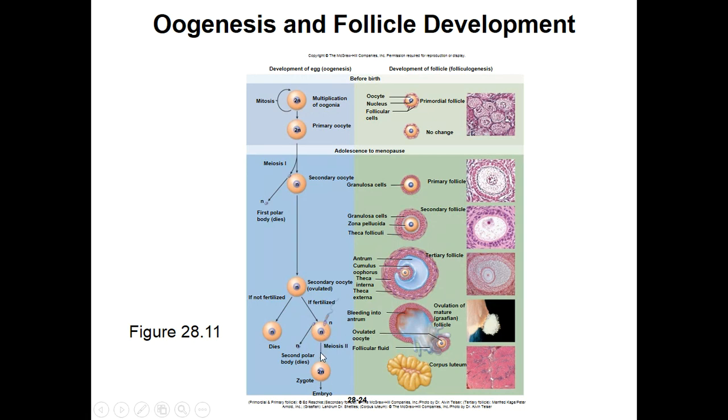Then the male and female chromosomes line up next to each other. We restore the diploid status. We now have a single cell with 23 pairs of chromosomes. It's called a zygote, and it's on its way to becoming an embryo.